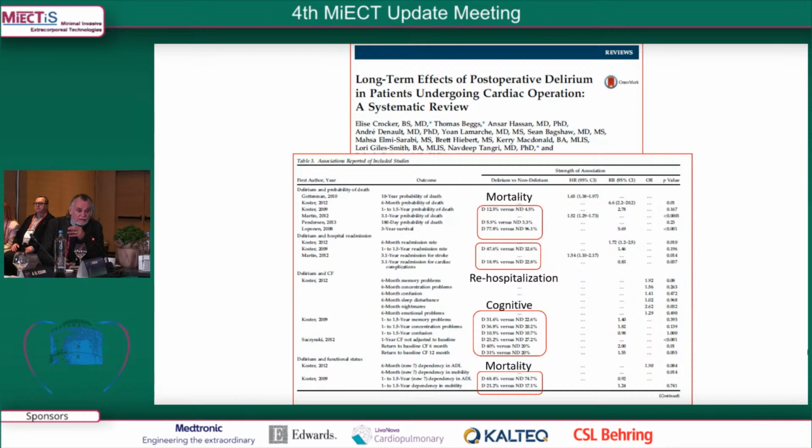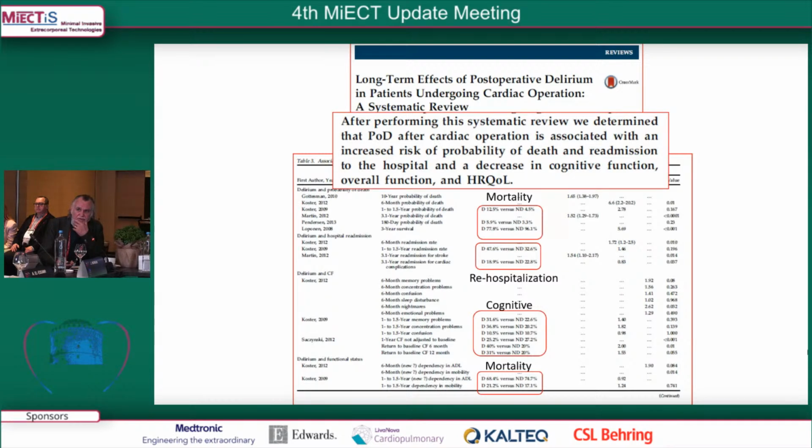And there's also been an association with early onset Alzheimer's and related diseases. And as mentioned, the mortality rates are increased. So delirium is a significant problem that has potentially longer lasting effects than the immediate management of the patient, associated with an increased probability of death and readmission to hospital.